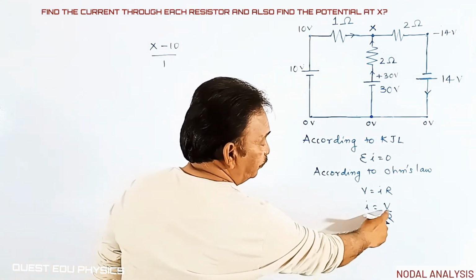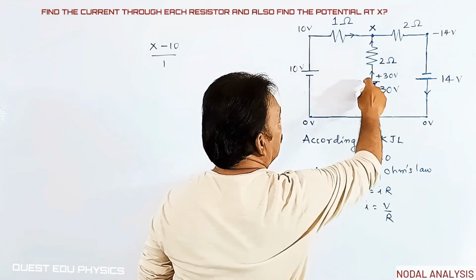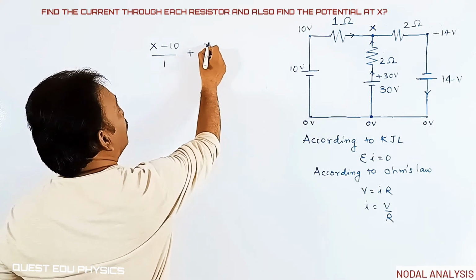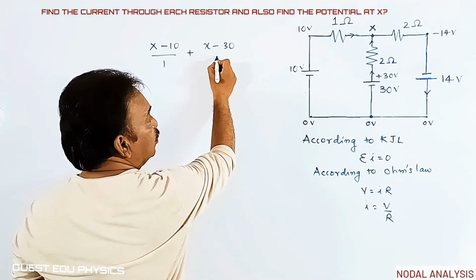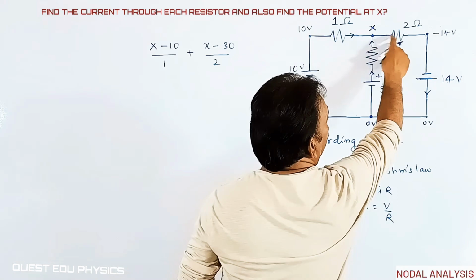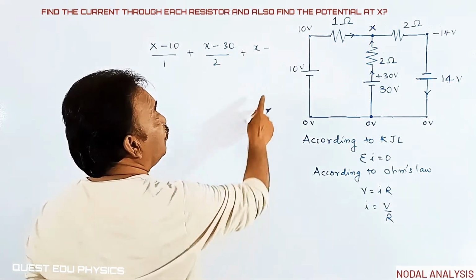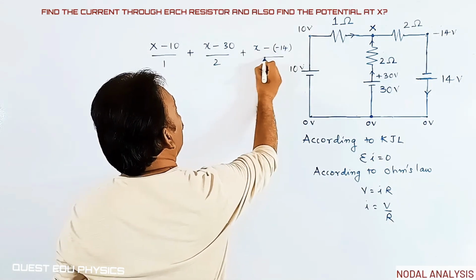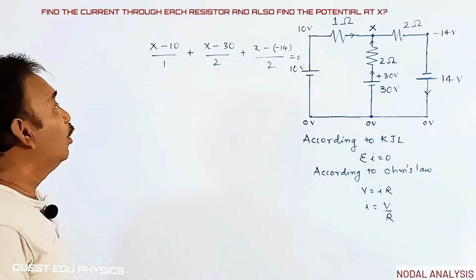Plus (X minus 30) by 2, where the resistance is 2. And plus (X minus of minus 14) by 2 is equal to 0.